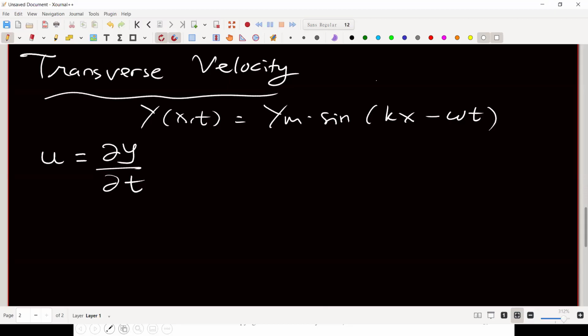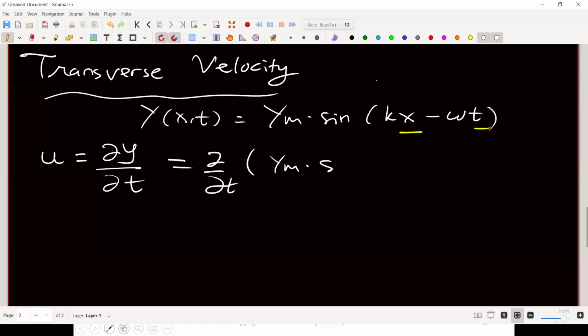Basically, for a derivative we use dy/dt, but since this function depends on x and time, this is the sign of the partial derivative. So we take ∂/∂t of ym sin(kx minus omega t).